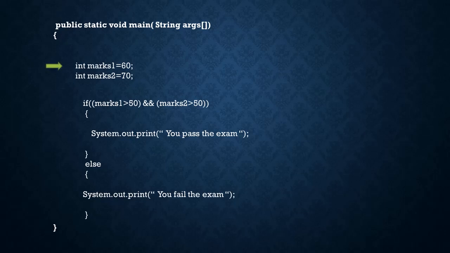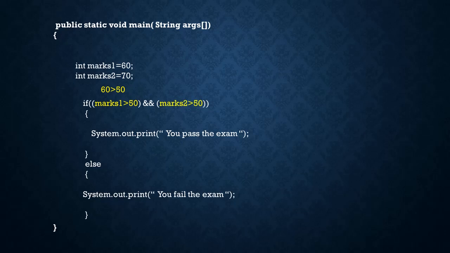Now let's see. I come here and then to the condition. But here you have two conditions. So first I'm checking the first part. Marks 1 is greater than 50? Yes, 60 is greater than 50. No problem about that. And then I come to the next part.